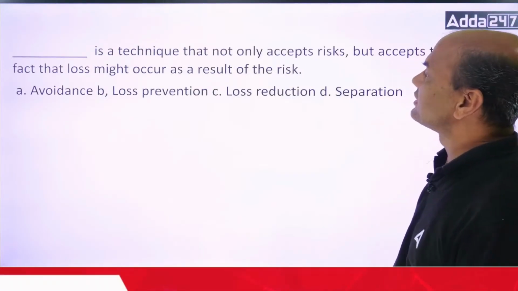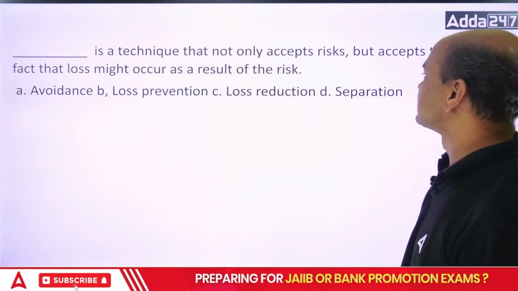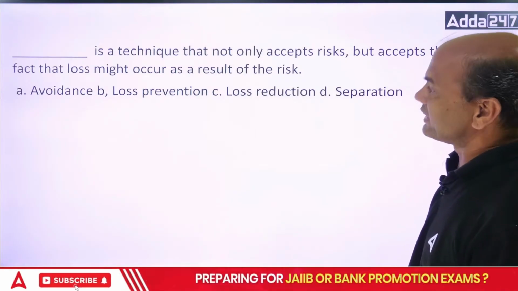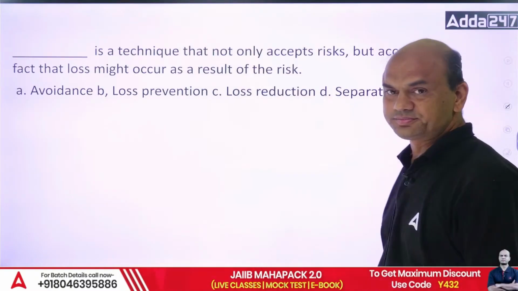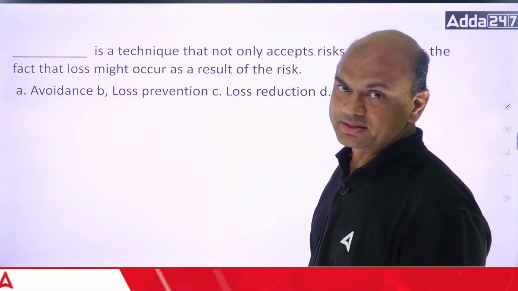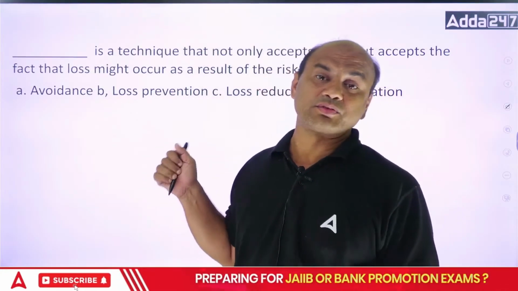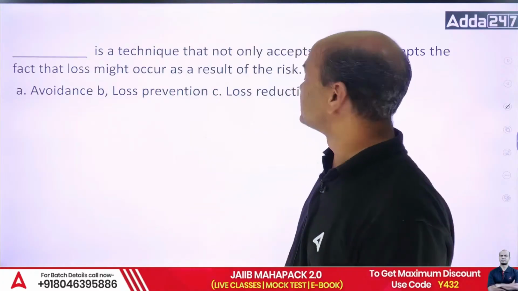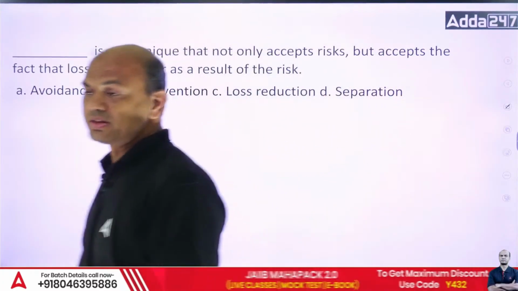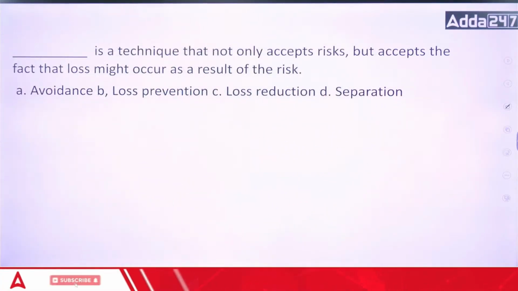Dash is a technique that not only accepts risk but accepts the fact that loss might occur as a result of the risk. So it is accepting. Now where is this technique used in your RBWM? Think over it, where is it used, everyone?